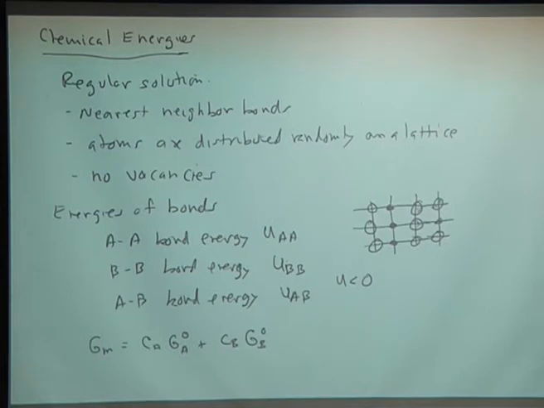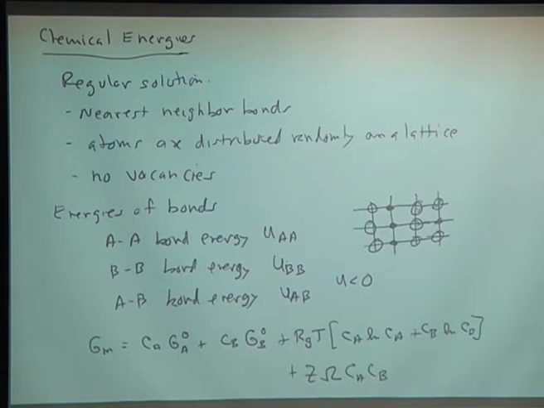So I'll define mole fractions in a second. The gas constant times temperature times, and then plus what's really important for the regular solution model is this extra term. Okay.